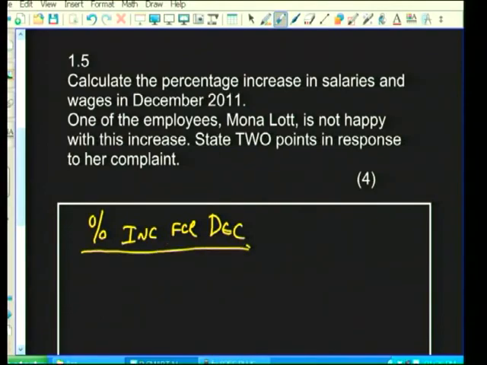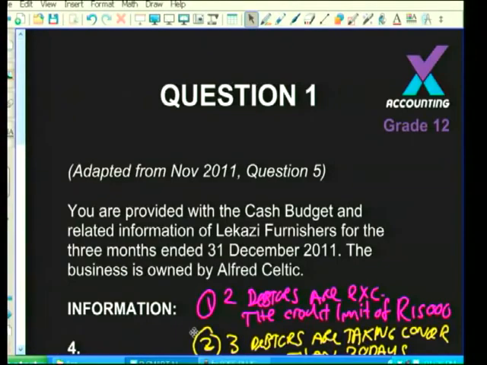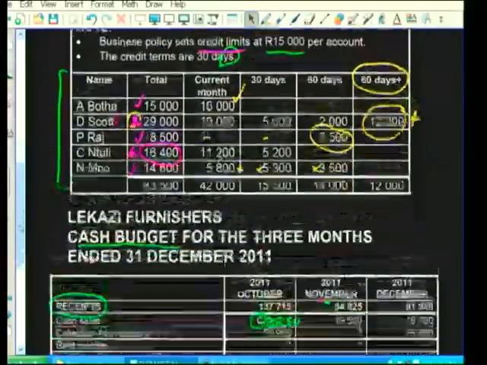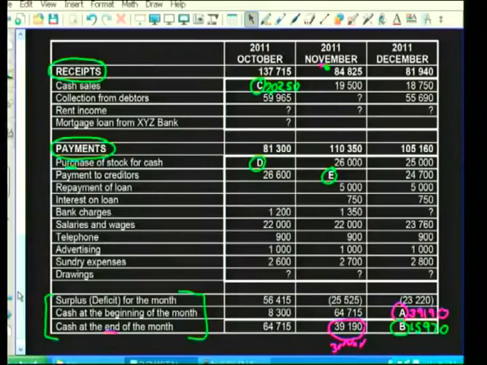Right, so back to our budget. There we go, and we're looking at salaries and wages. Okay, so if we notice, it was 22,000 in November, and in December it's gone up to 23,760. So there's obviously an increase that happened in December.